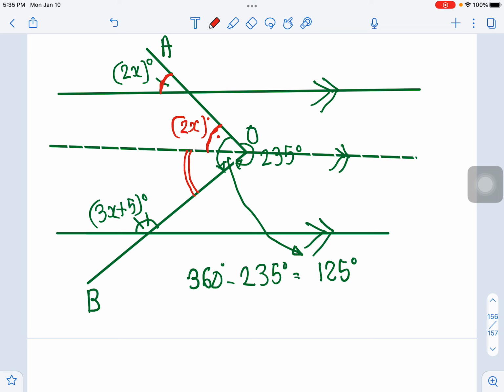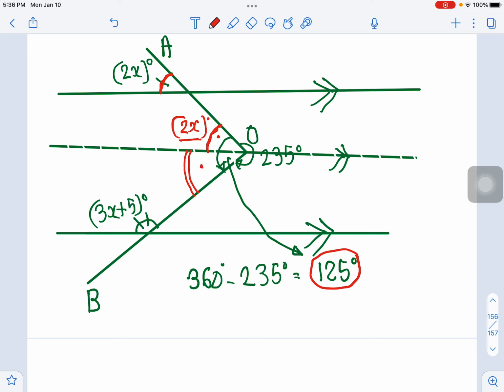Corresponding angles are congruent when two parallel lines are intersected by a transversal. So you have these two parallel lines intersected by transversal O, the first and the second parallel lines intersected by transversal O. So that gives you one portion of the 125 degree angle to be made up of 2x degrees.